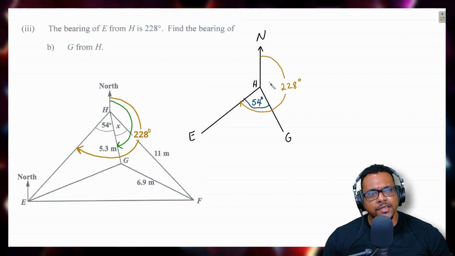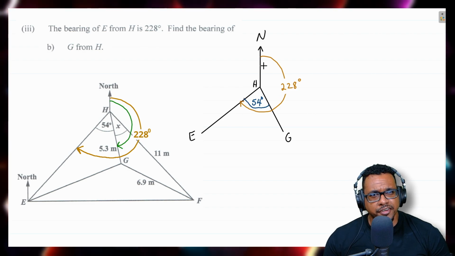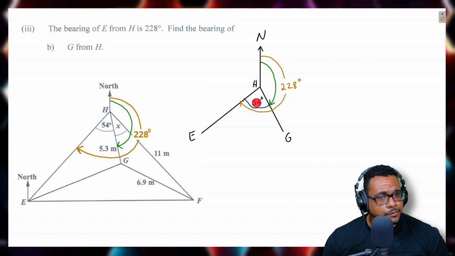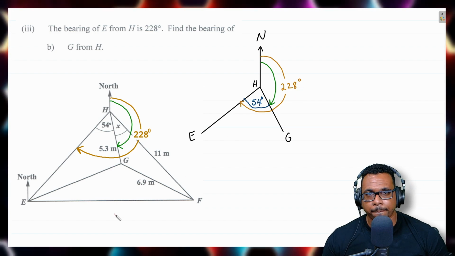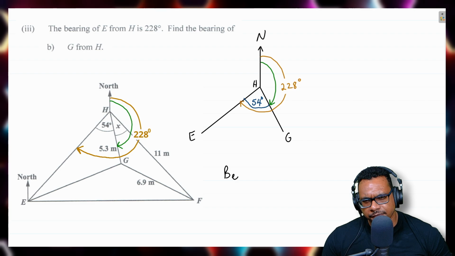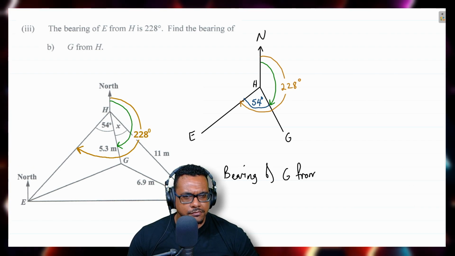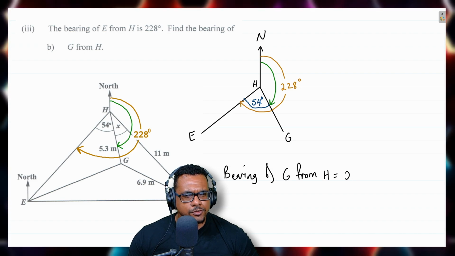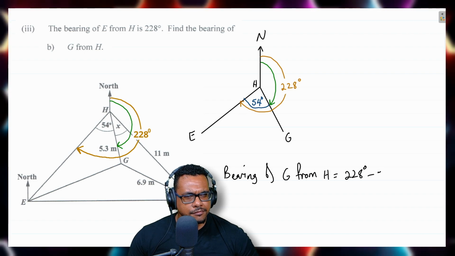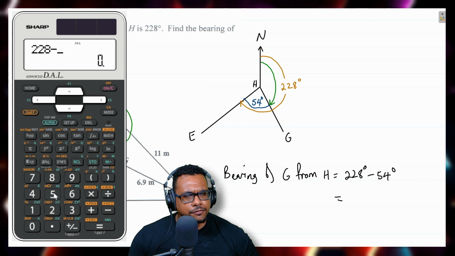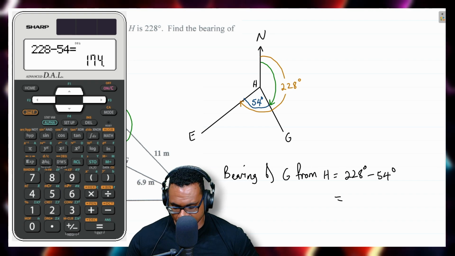Then think about it. If this is the angle that we want, let's put that in green. So we want this angle here, in a clockwise direction from the north line. All we have to do is take away the 54 from the 228, and we get this angle here. So we're going to have the bearing of G from H is equal to 228 degrees take away 54 degrees, and we get 174.